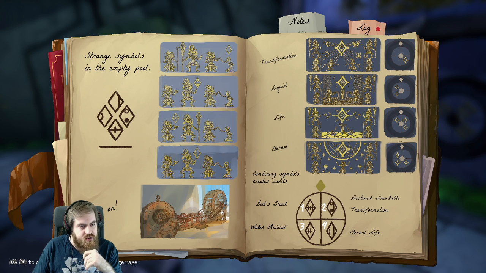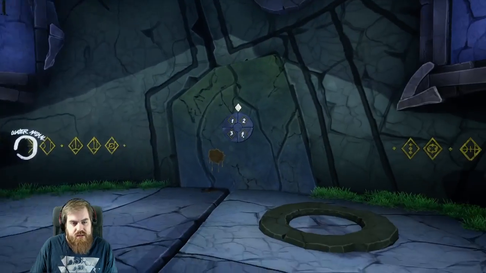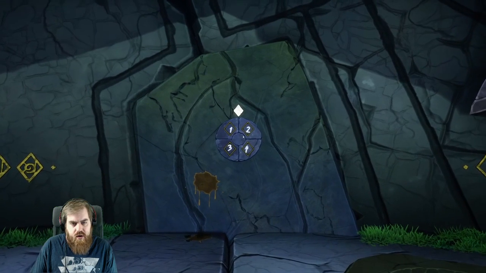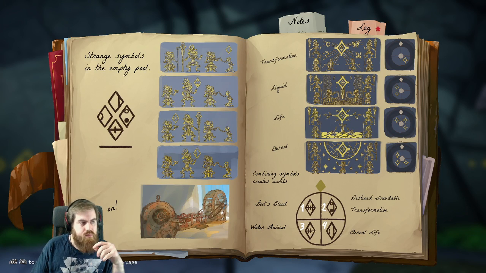On the wall in the journal? They are. You mean like the dial down there? They are. 1, 2, 3, 4. In fact, I jotted down, I copied exactly, like, see 1, 2, 3, 4. They're exactly in that order.